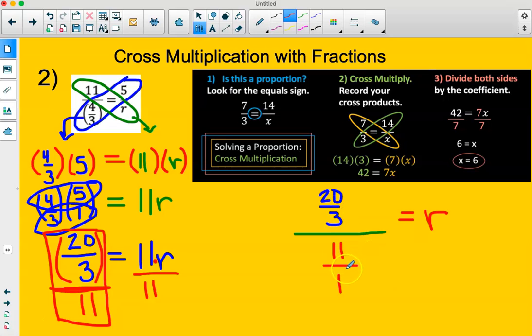Now that they're both fractions, the next step is to replace this fraction bar with a division symbol that looks like this. And then we need to remember to place the numerator first, 20/3, divided by, and then we place the denominator second. And this, whatever we get, is going to equal r.